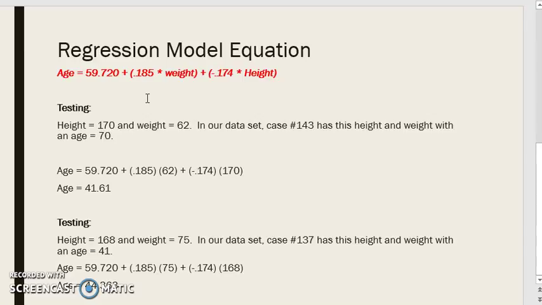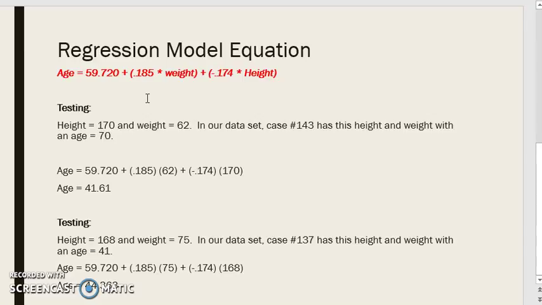However, if I test height at 168 and weight at 75, in our data set, case number 137 has this height and weight, and the age is 41. So I input those height and weight into my regression model equation, and it predicts an age of 44.363.